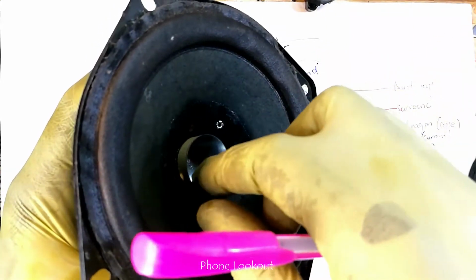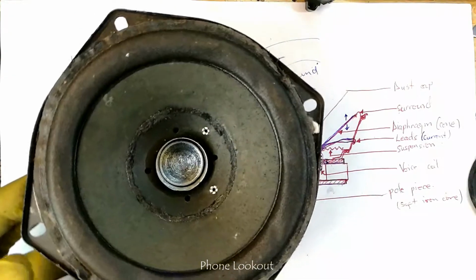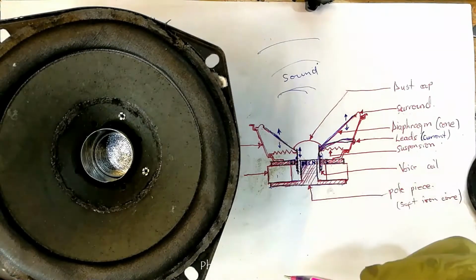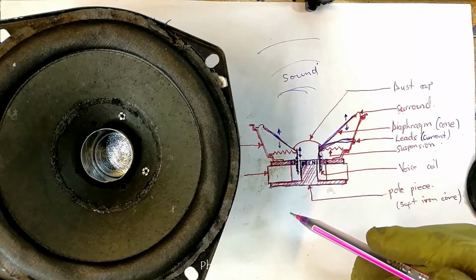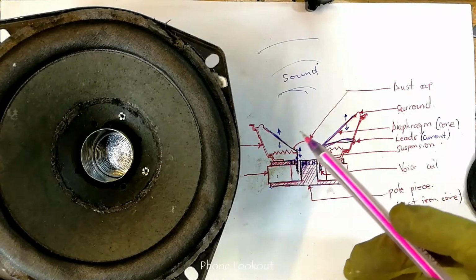I don't know whether that is the right word. So that's how your loudspeaker works. Basically, the force on a current conductor that is within a magnetic field causes motion, that motion being transferred to the diaphragm.